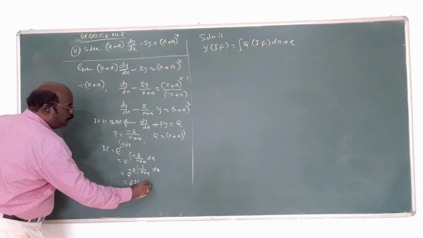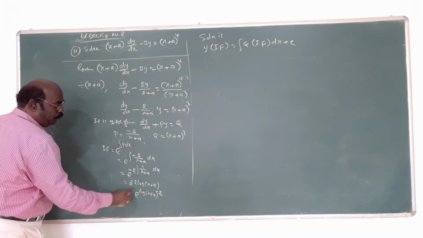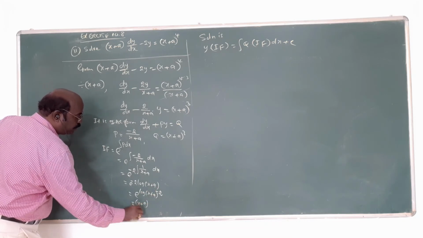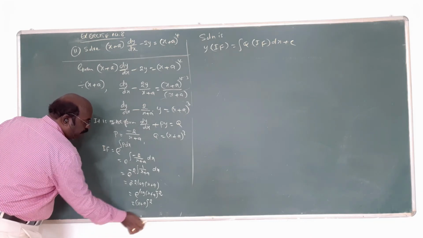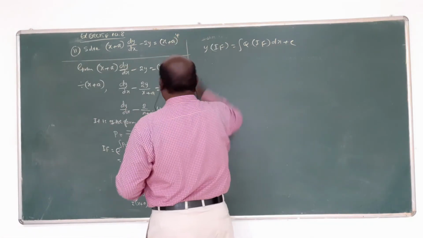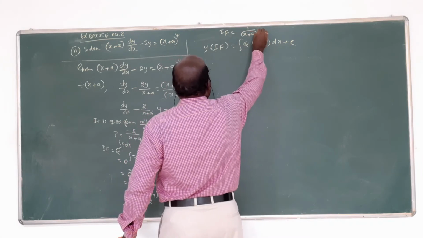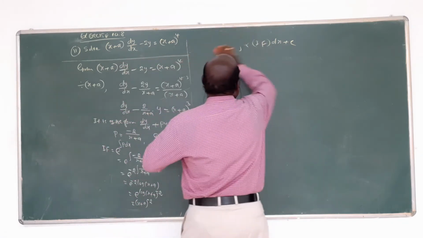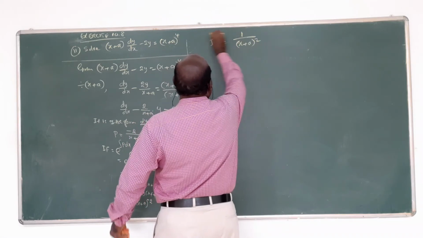That's why it is log of the denominator. So we get log of (x + a) power -2. The e and log cancel, and we get (x + a) power -2. We recognize IF equals 1/(x + a)^2.